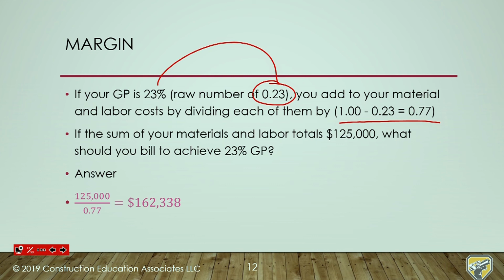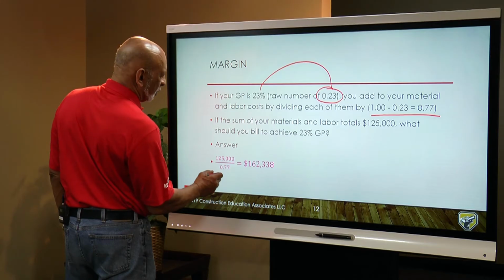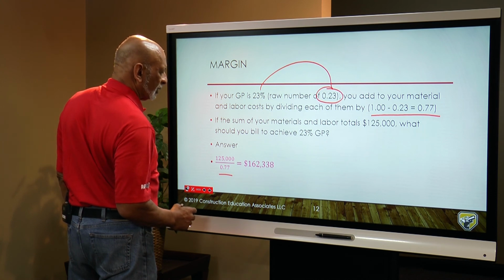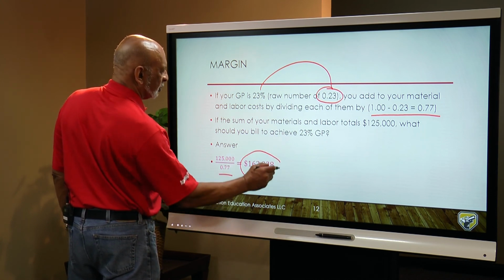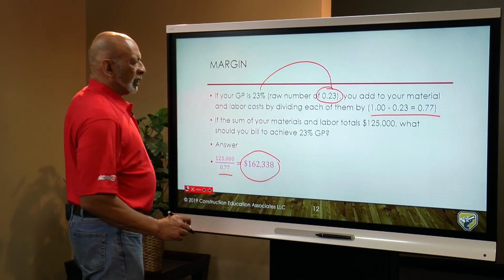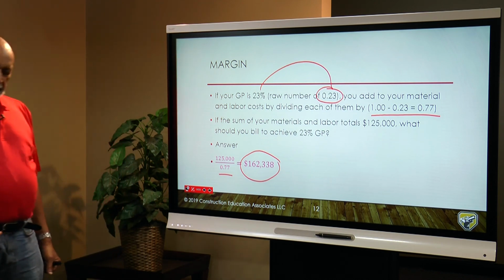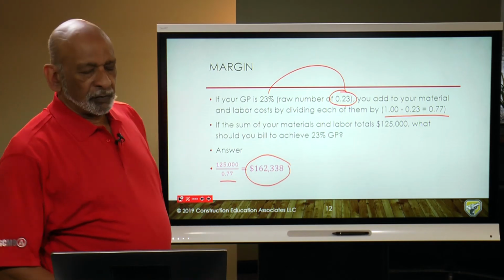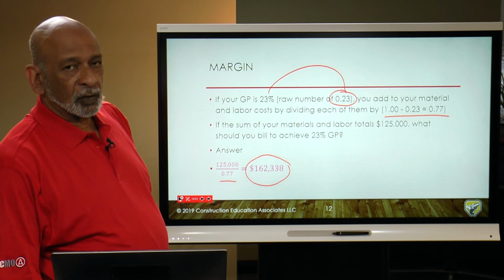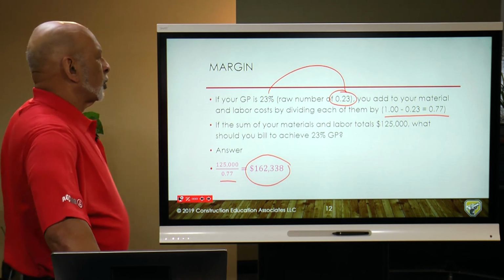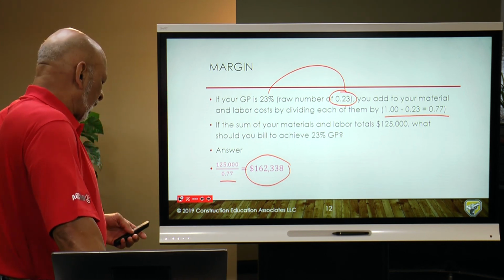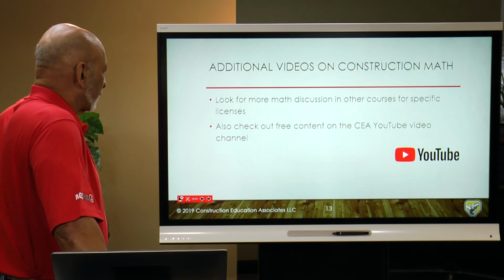You would take the 125 that it's going to cost you and divide by the 0.77, it gives you 162. And so this is where it gets to be a little tricky, because you can often wind up undercharging your clients because you erroneously calculate the profit incorrectly.